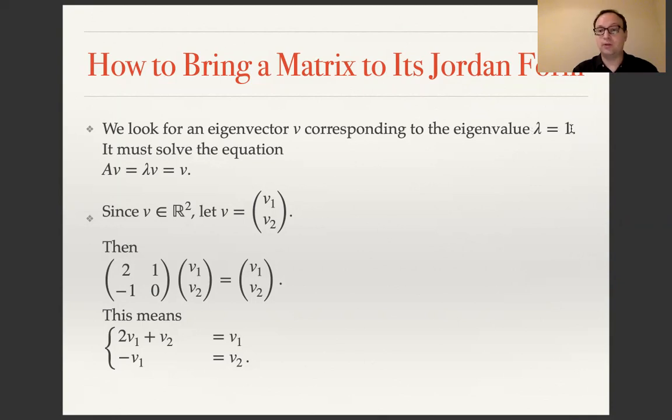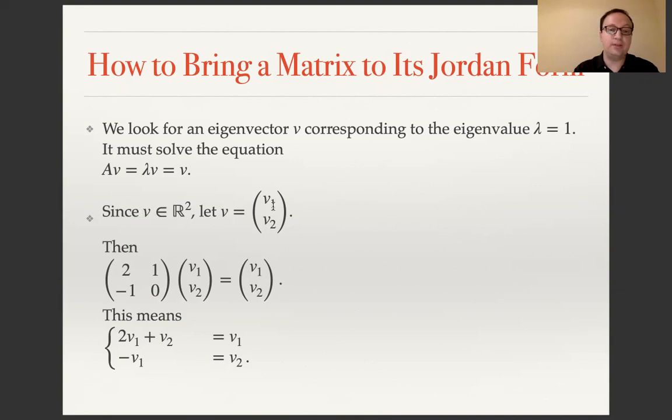As I said before, even though this is a double eigenvalue, we'll only be able to find one linearly independent eigenvector. So by definition, an eigenvector must solve the equation AV is equal to lambda V. And here lambda is 1, so AV is equal to V. Since this is a 2 by 2 matrix, its eigenvectors will have two components.